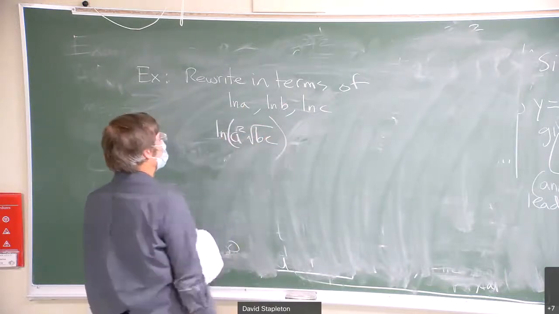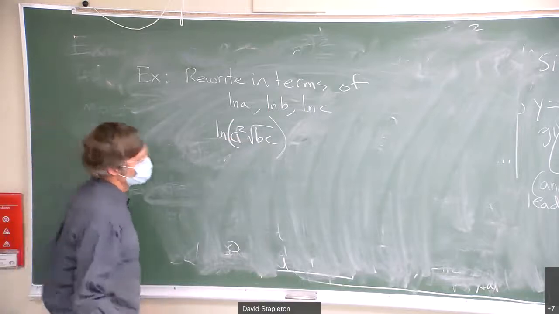How am I going to rewrite that in terms of ln A, ln B, and ln C?